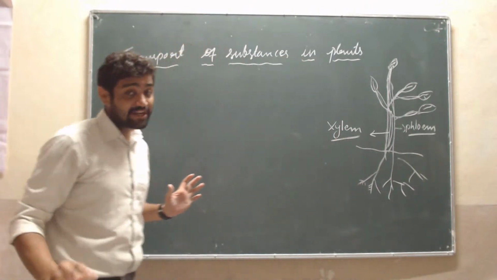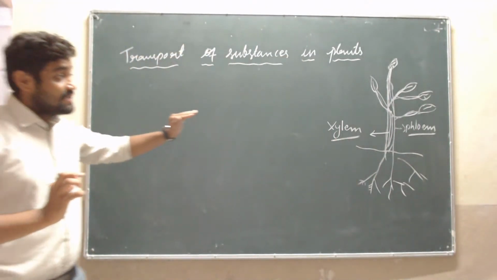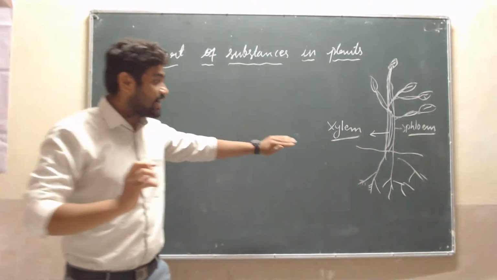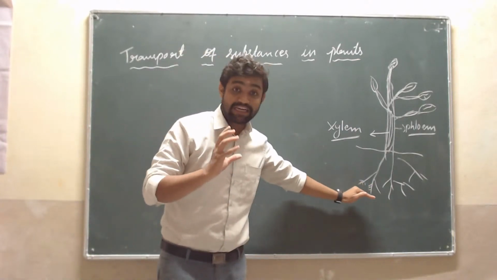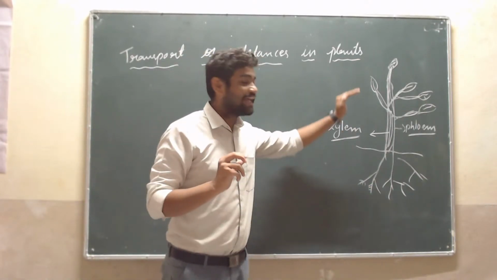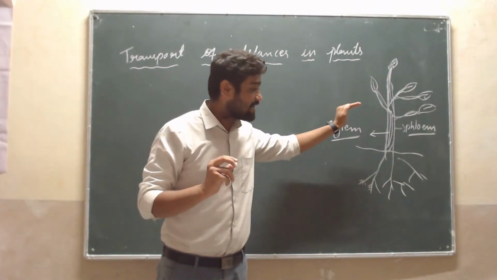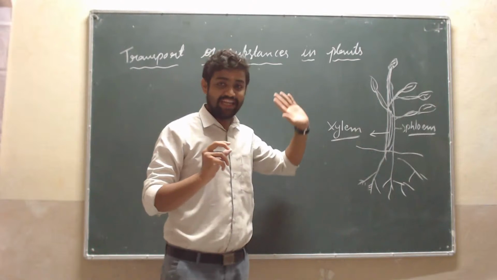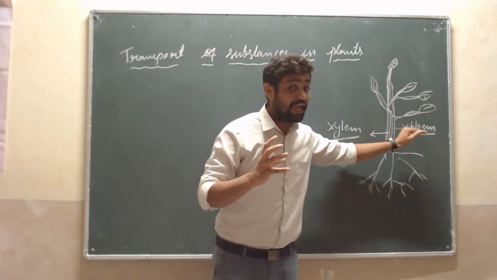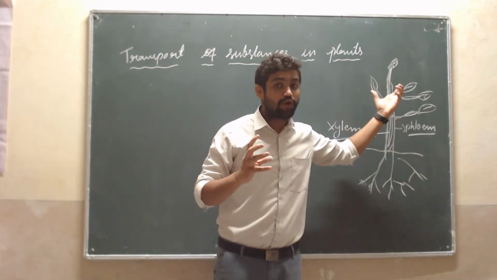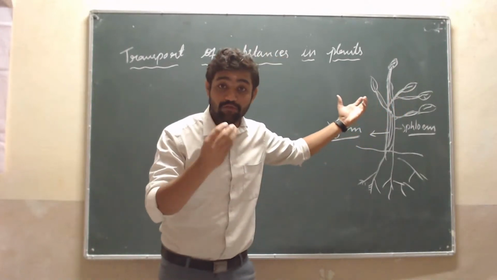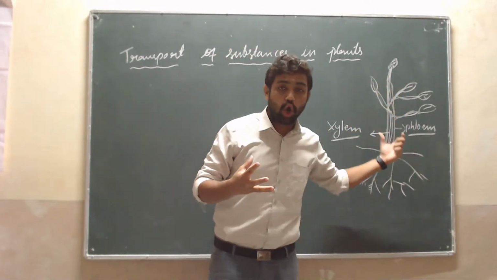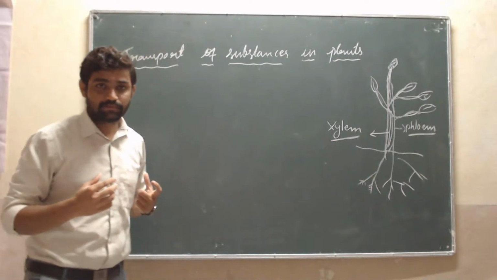Okay, so we can conclude that xylem is helpful for transportation of water and minerals from root hairs to the leaves, and phloem is helpful for supplying food from leaves to all the parts of the plant.